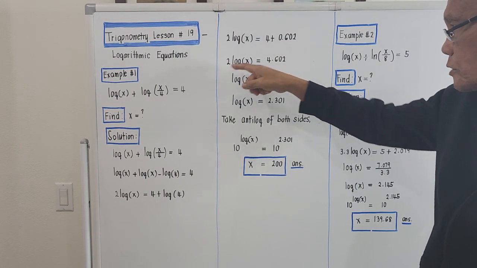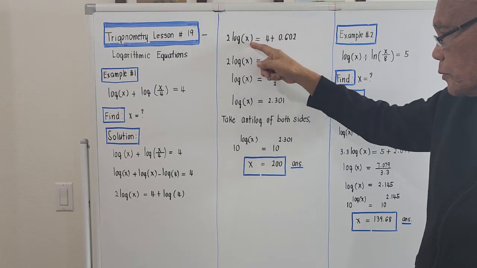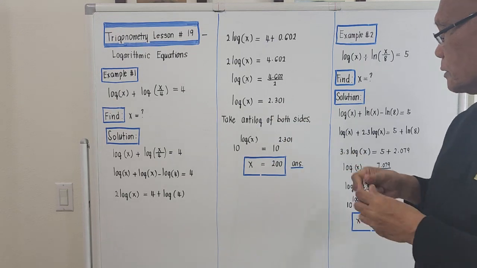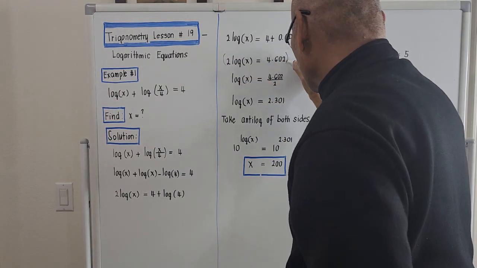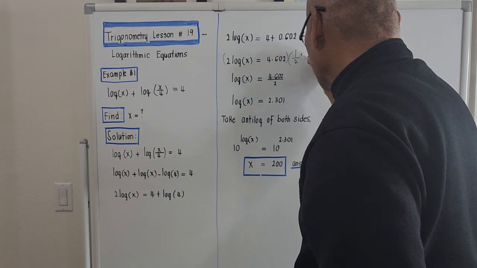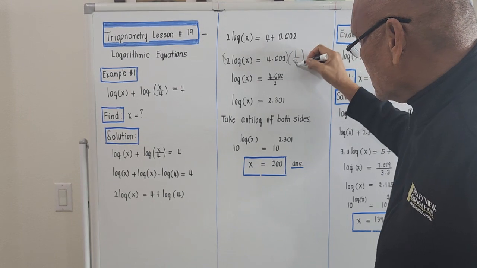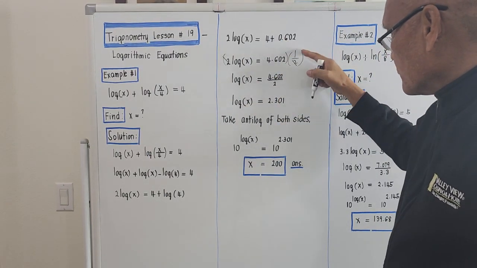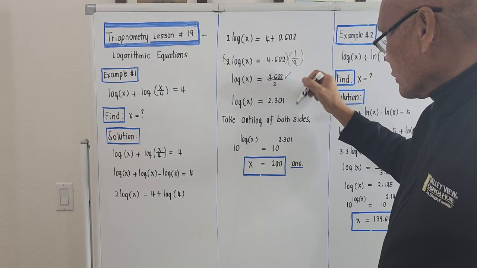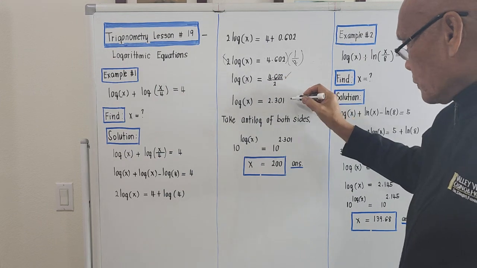So twice log of x will be 4.602. Solving for the logarithm of x, we divide both sides of the equation by 2, or simply multiply by 1/2. Log of x should be equal to 4.602 times 1/2, or 4.602 over 2. Log of x will be 2.301.